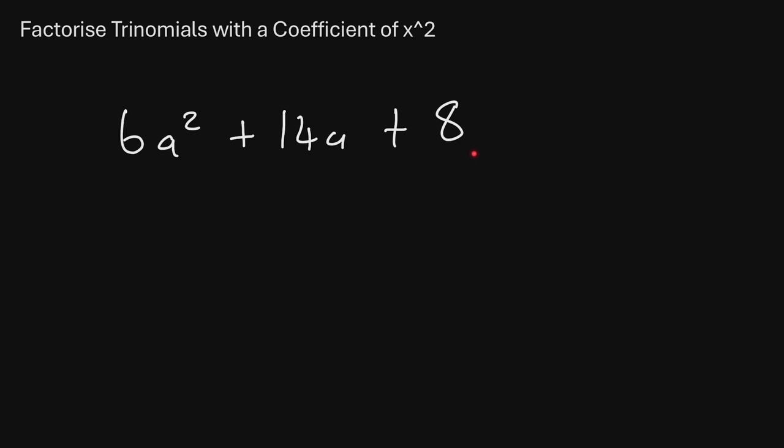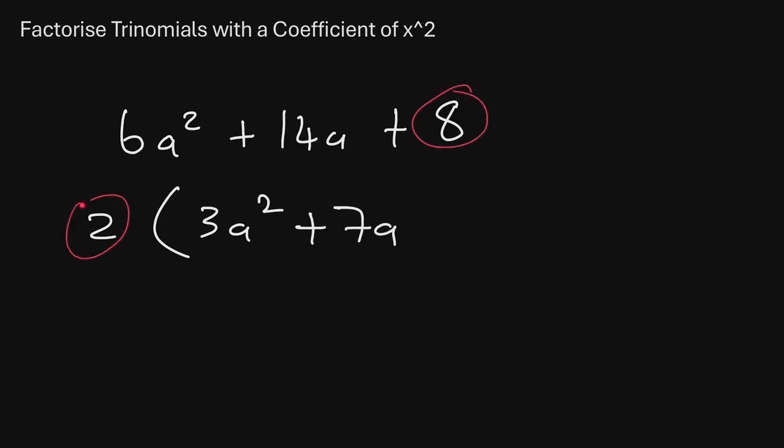The common factor that we have is 2. So we're going to take out 2 as a common factor and we open the bracket. Remember, when you take out the common factor, you divide each term by the common factor. So 6 divided by 2 gives us 3a². Then the second term, 14 divided by 2, gives us positive 7a. And then 8 divided by 2 gives us 4.